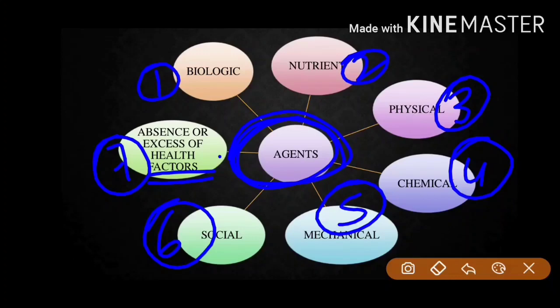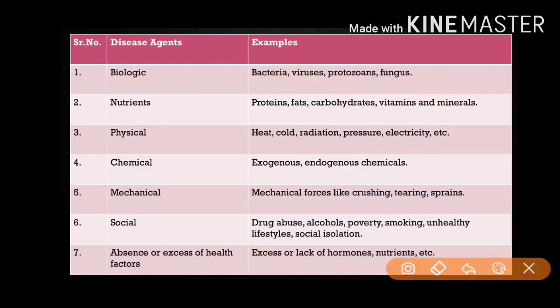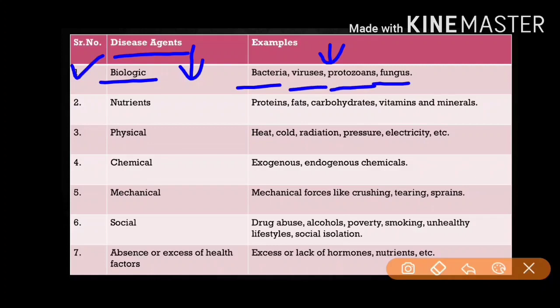Now let me explain this in detail. First, biologic agents. These are disease agents and these are the examples. They consist of bacteria, viruses, protozoans and fungus, and biologic agents are living. Now some of you might be thinking, I said biologic agents should be living, but what about viruses?